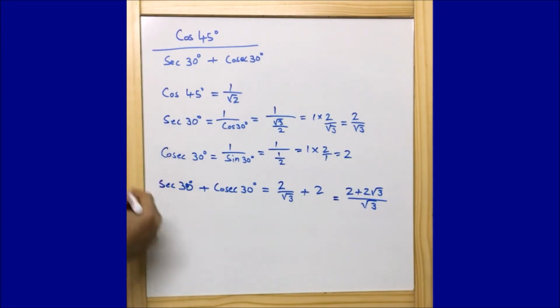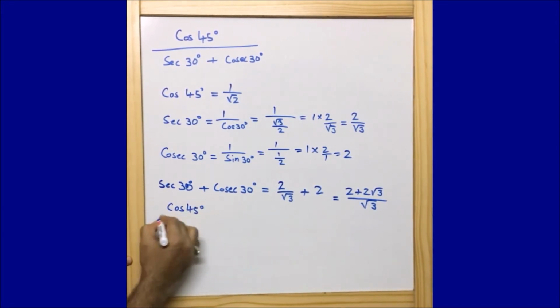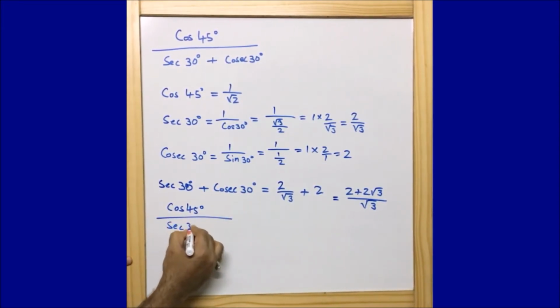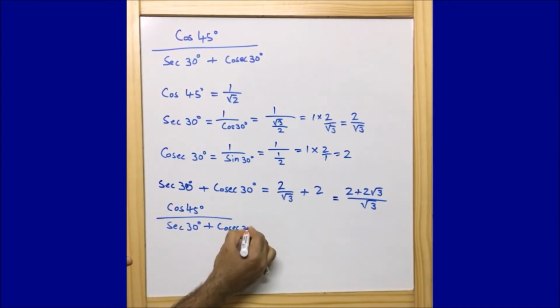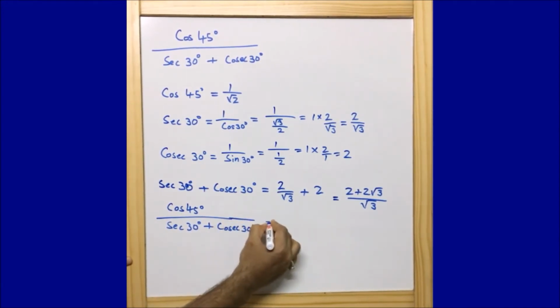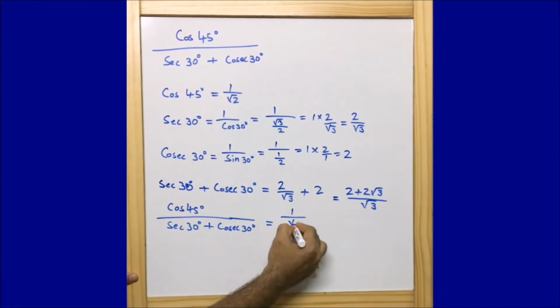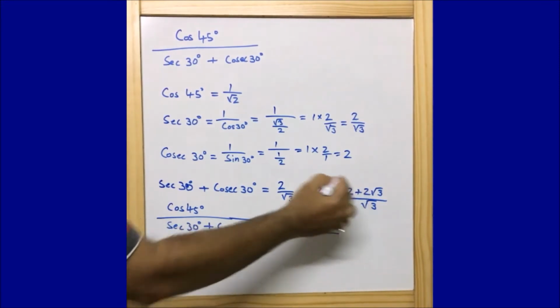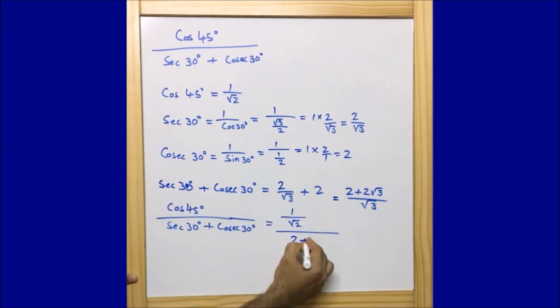Now let us come to the question. The question is cos 45 degree upon sec 30 degree plus cosec 30 degree. That is equal to, I can write cos 45 degree as 1 by root 2 upon sec 30 degree plus cosec 30 degree, which I can write as 2 plus 2 root 3 by root 3.